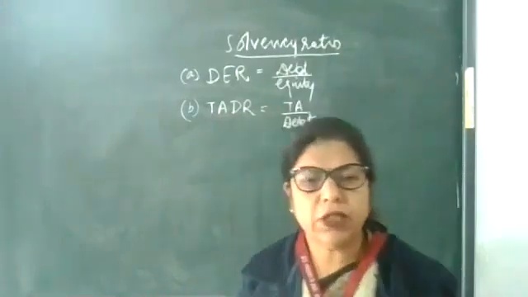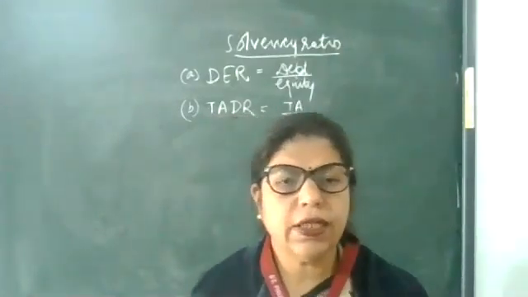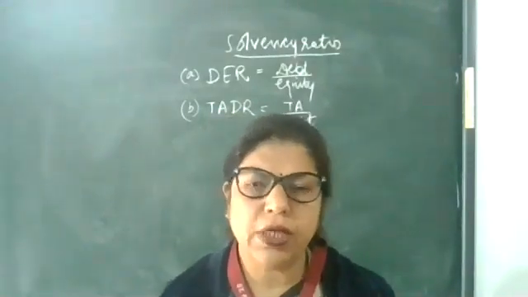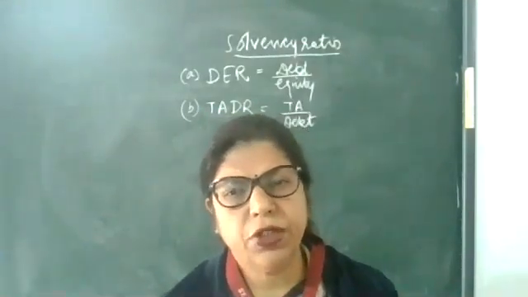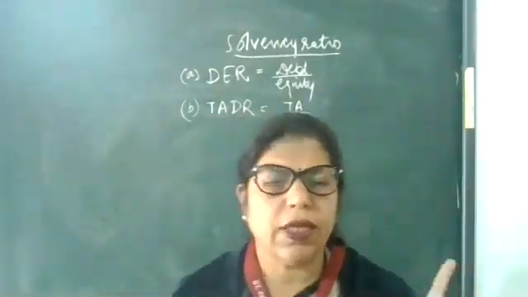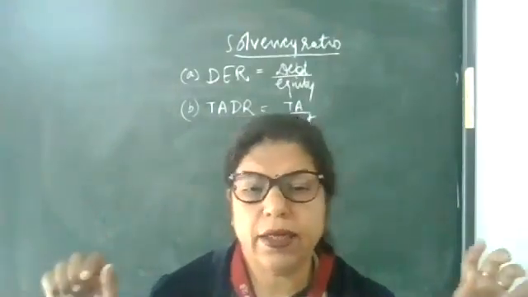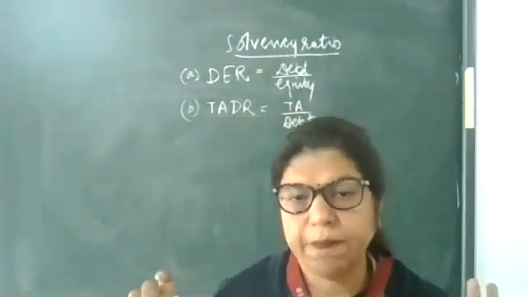If that question comes in theory, you can write the answer: total asset to debt ratio shows the relationship between total asset and debt. Total asset of the organization means the sum of current asset and non-current asset.